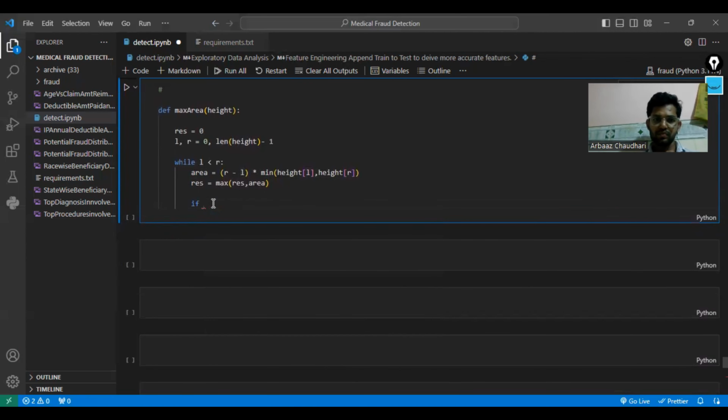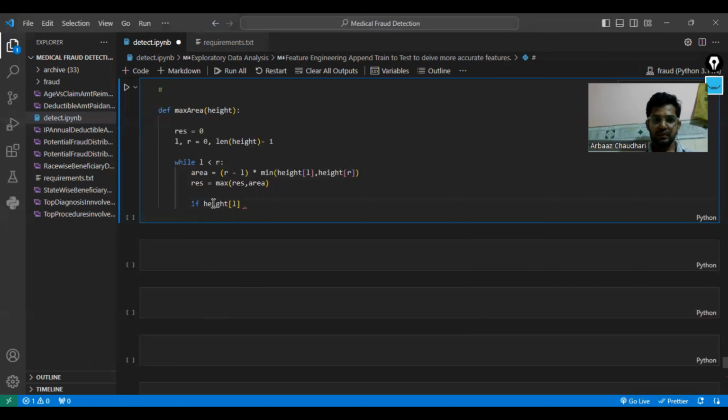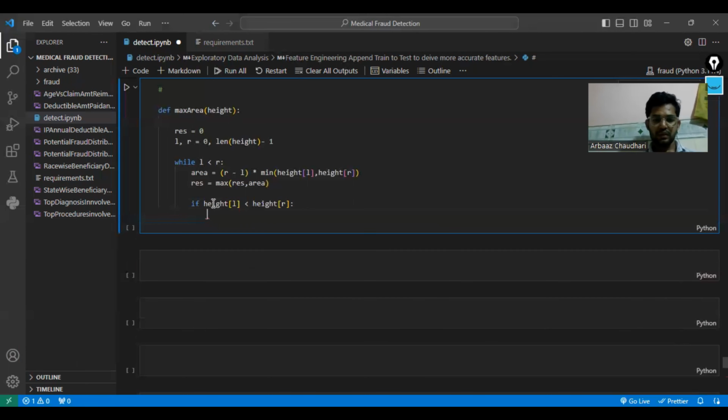If height of L is less than height of R, then what will I be doing?